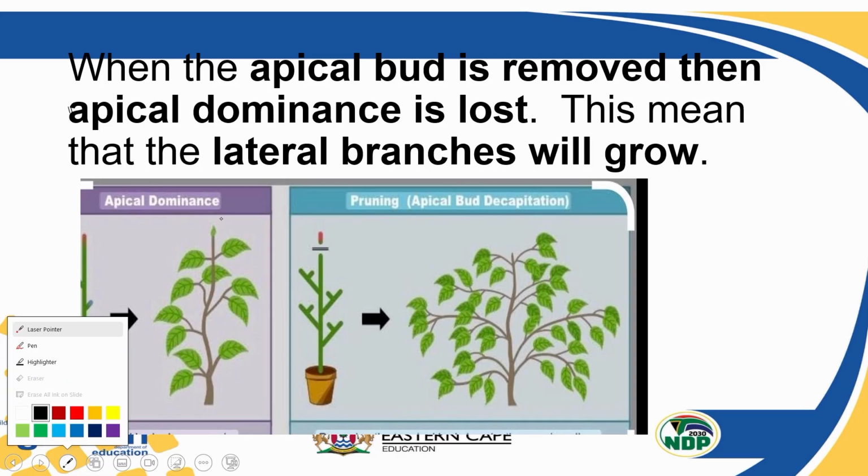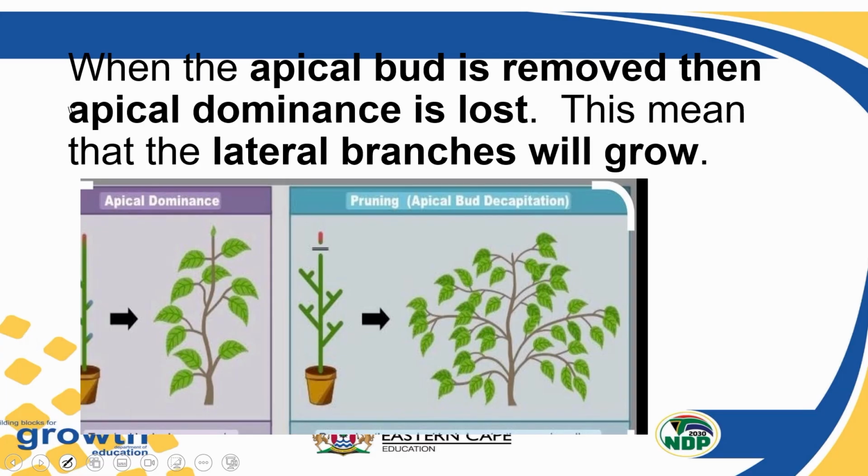It is because auxins are produced at this area, that is in the apical area of this plant, and therefore growth is promoted on this side. Hence, this plant is growing vertically up like this. But if you look at this plant on the other side here, you will find out that here the auxins have been eliminated.